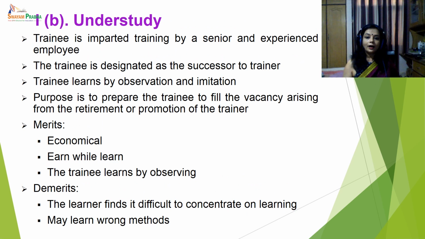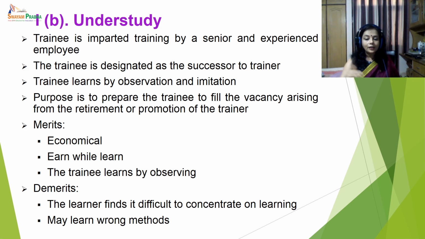Similar to coaching is the next one, the understudy. Understudy is another method. It is called understudy because here the trainee is imparted training by a senior and experienced employee, and this senior or experienced employee is about to leave the job, and the trainee is designated as the successor to the trainer. Maybe he is leaving the organization, or he may have been promoted to a higher position, so he is leaving this position.